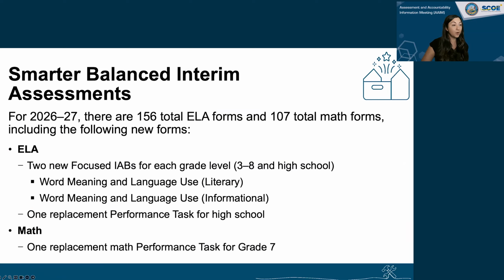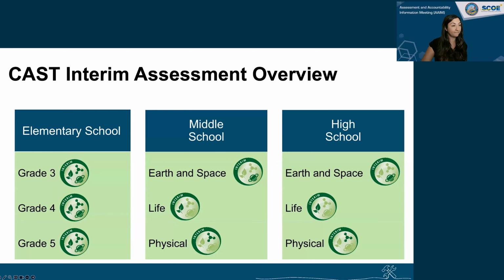For each grade, one of the new forms focuses on word meaning and language use for reading literary texts, and the other focuses on word meaning and language use for reading informational texts. For high school, the performance task that was used in both the ICA and the IAB has been replaced. And for Math, the 7th grade performance task has also been replaced for both the ICA and the IAB.